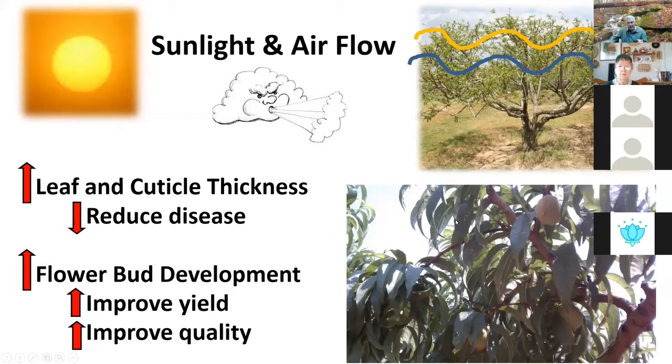And a thicker leaf cuticle is going to make that plant leaf less susceptible to disease pressures. Airflow is actually going to dry those plants more quickly. And anytime that we have plants that stay wet for extended periods of time, we open ourselves up to the risk of disease pathogens.